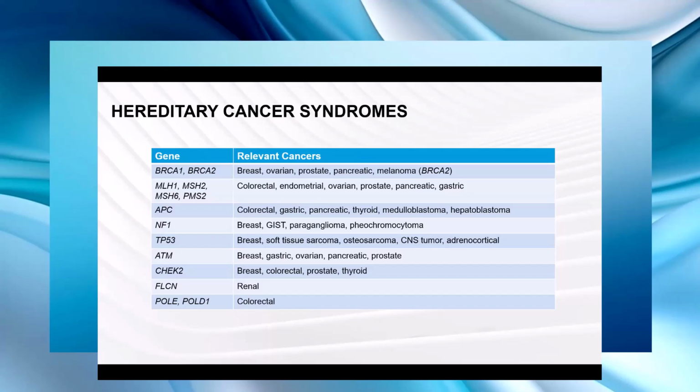They are also associated with a higher risk for ovarian cancer in women, along with several other cancer types. Similarly, the four mismatch repair genes that are associated with Lynch syndrome are also connected with a broad range of tumor types. So this complicated gene-cancer association is the key factor driving the increased complexity of germline cancer genetic testing today.